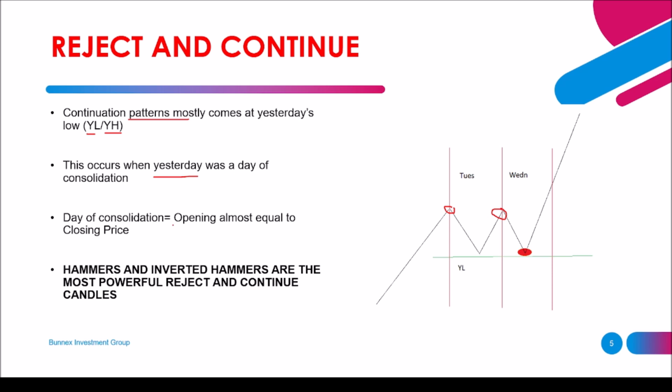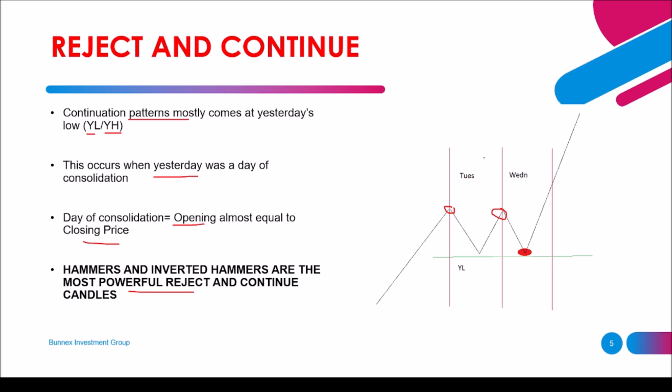And we are saying the most powerful candlestick reversal patterns for continuation are hammers and inverted hammers. Hammers and inverted hammers are the most powerful reject and continue candlestick reversal patterns.